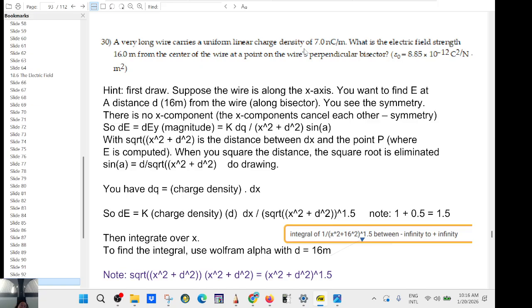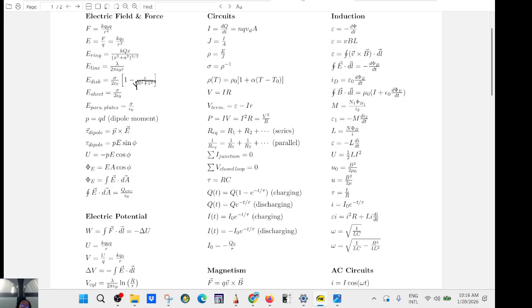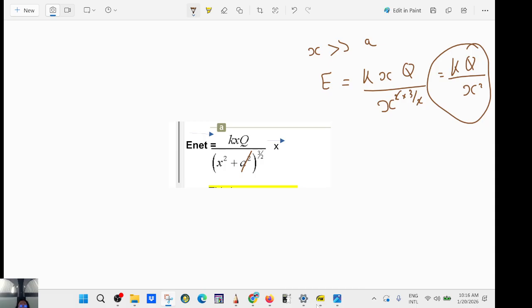But we're going to start with a shortcut. I open my equation sheet, and it says electric field of infinite line with no size. Infinite compared to what? Compared to where you are located. So you're going to use that equation here.